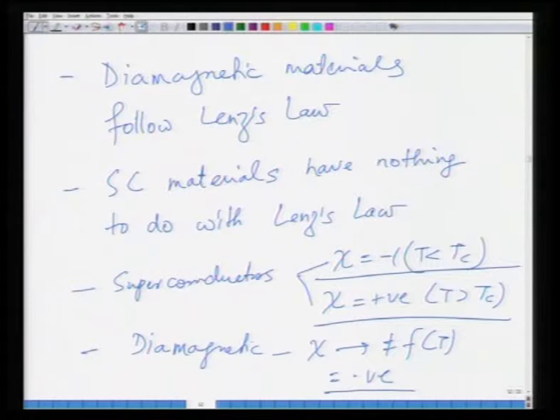But what you can see is that in the superconducting state, when you apply a magnetic field, it completely repels the magnetic field, which means you can give rise to very large surface magnetization which opposes the magnetic field, and this can be used for a lot of good applications which we will see later.